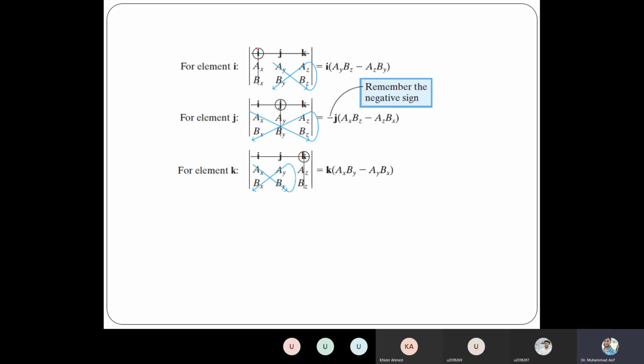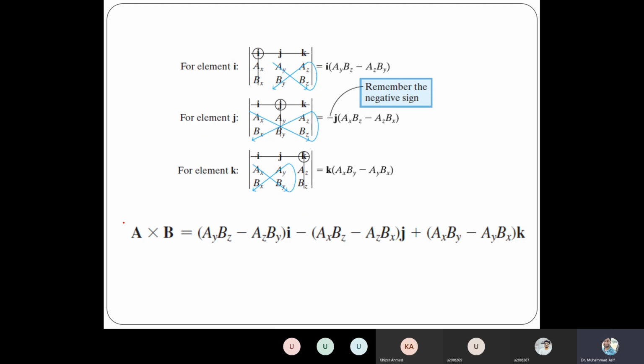First you take I multiplied by (ay bz minus az by), then minus j multiplied by (ax bz minus az bx), and then plus k multiplied by (ax by minus ay bx). I hope you understand this, how to do the vector product.